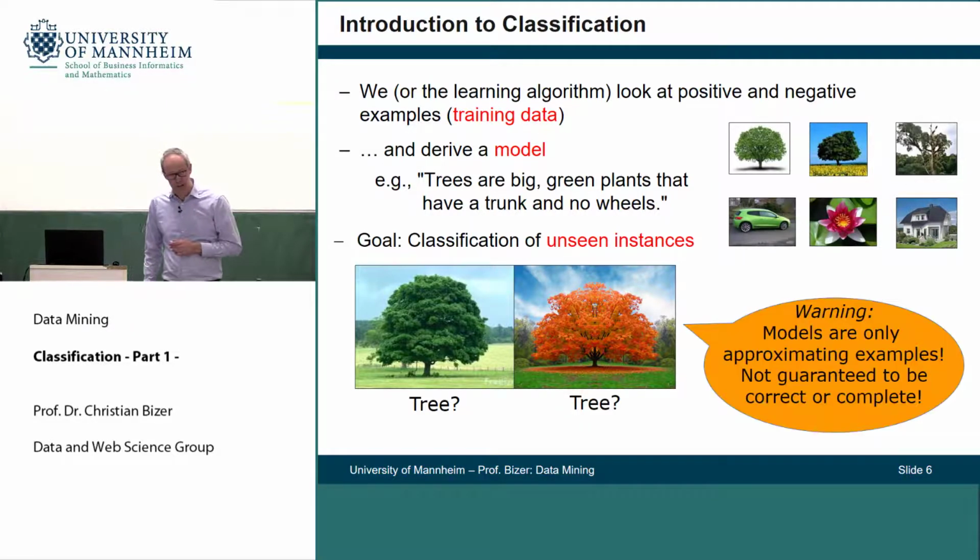So kind of a general warning always when we talk about learning classification models: the models are only approximating the examples. The models can only be as good as the examples. If we don't give them the right examples, they can't work. This is especially important because gathering more training data very often costs money.